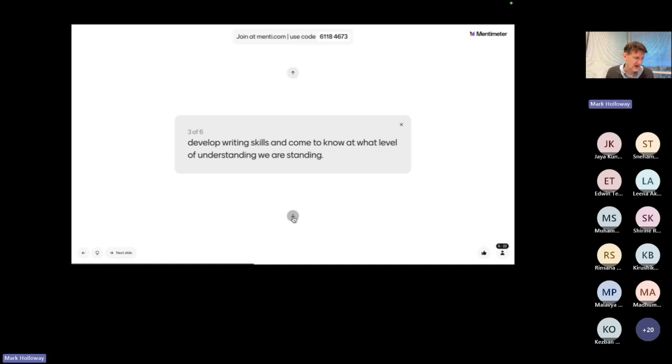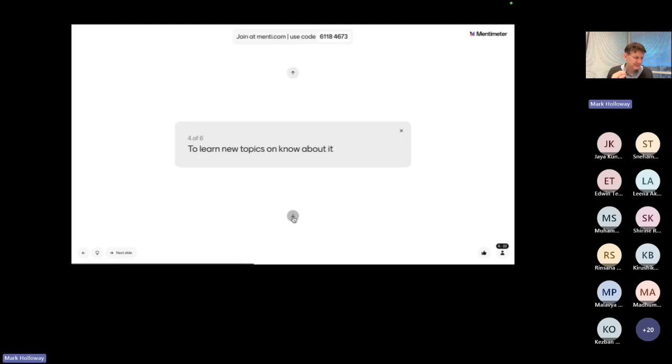Develop writing skills and come to know at what level of understanding we are standing. Oh, that's nice. Yes, perhaps we actually want you to develop your skills. Perhaps we actually see something valuable in being able to write and being able to communicate through writing. I think this is really important.